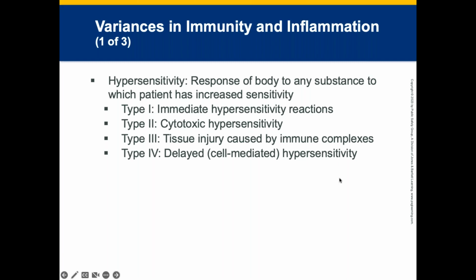The systemic form is serum sickness, which results from a large or single exposure to an antigen. The localized form is an Arthus reaction. And type 4 is a delayed cell-mediated hypersensitivity. There are 2 types in that one: delayed hypersensitivity and cell-mediated cytotoxicity.